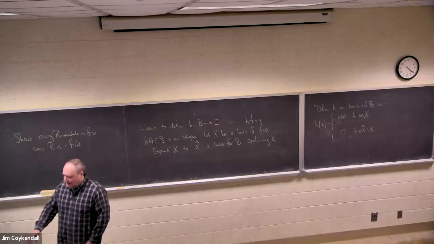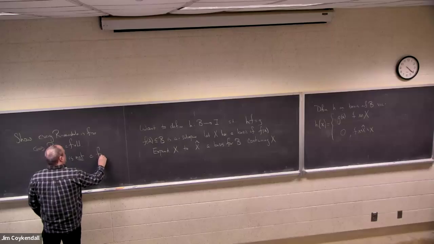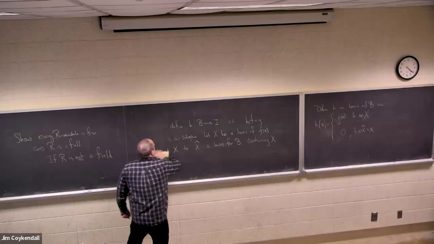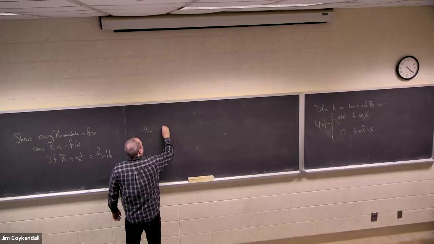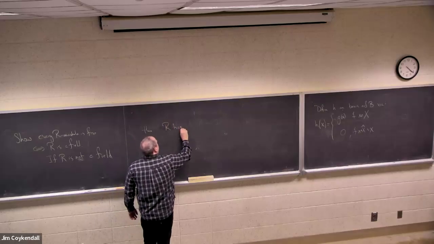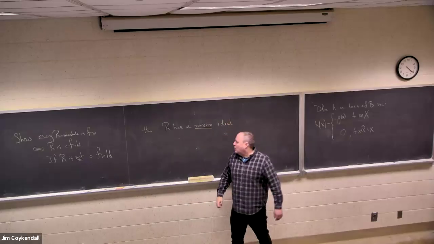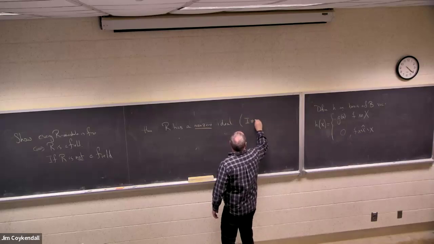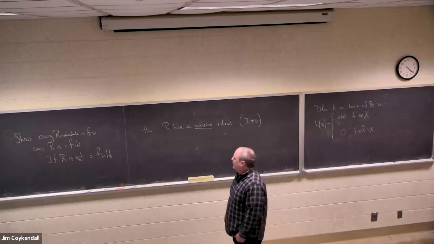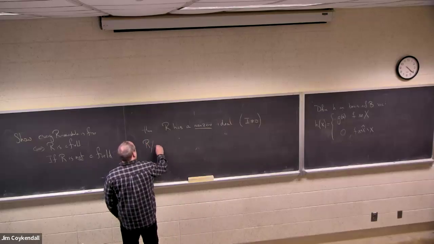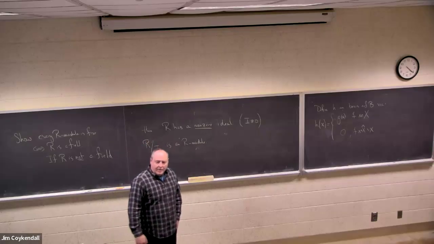So if R is not a field, then there is a non-zero ideal I. R mod I is an R module.